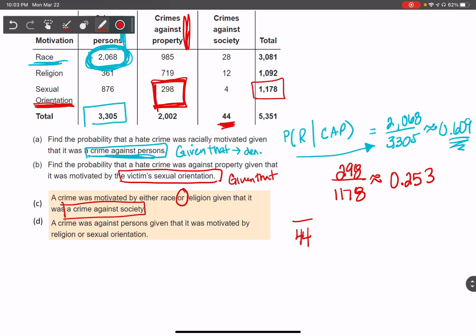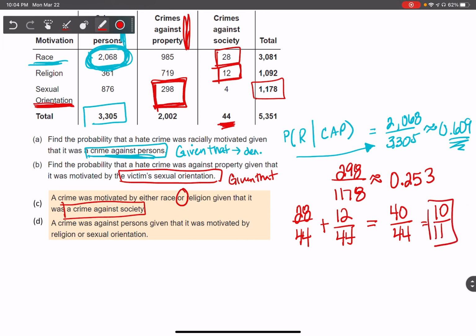And then it says race or religion. So let's look at race. Race and crimes against society is 28. And then or religion. Religion was 12 out of that same 44. Because it says or, I'm going to add those together. And I get 40 out of 44, which reduces to 10 out of 11.